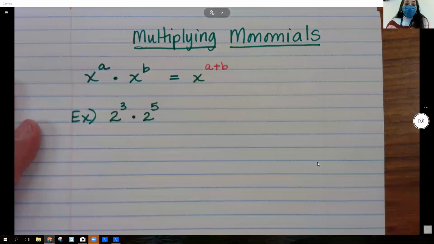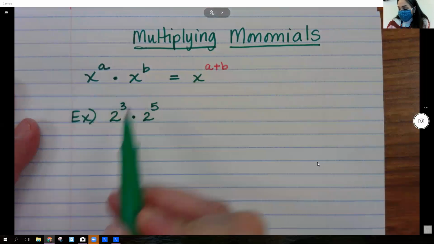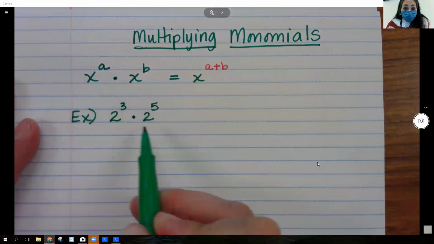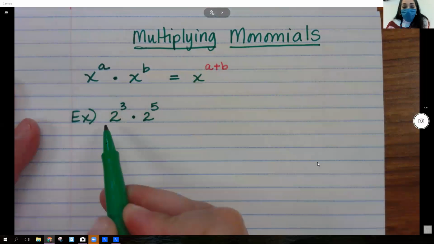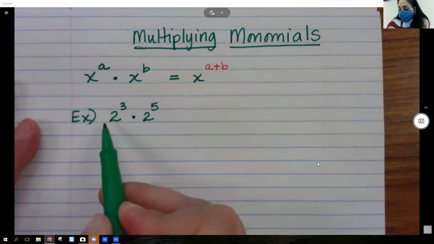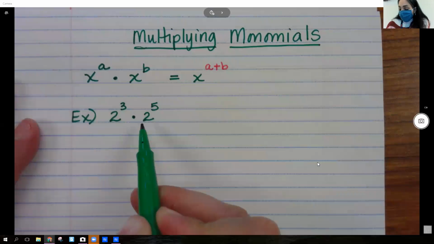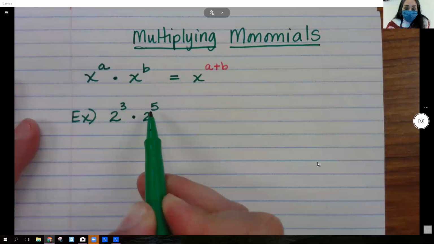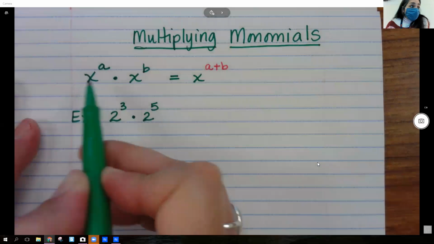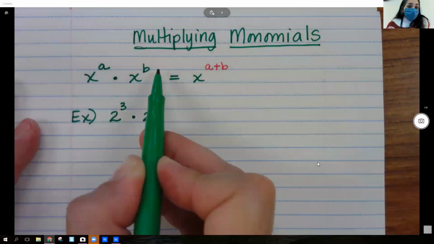This is just numbers. And this works with numbers also. You don't have to have a variable in the bottom. It can be just as long as it's the same thing. So it has to be the same base. That's what this number, this 2 right here, is called the base. And then the 3 and the 5 are called the exponents. And so up here, the x is the base and the a and the b are the exponents.